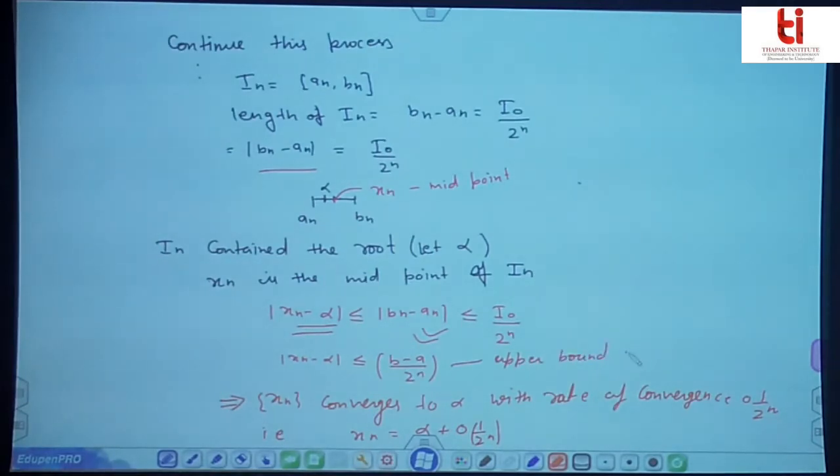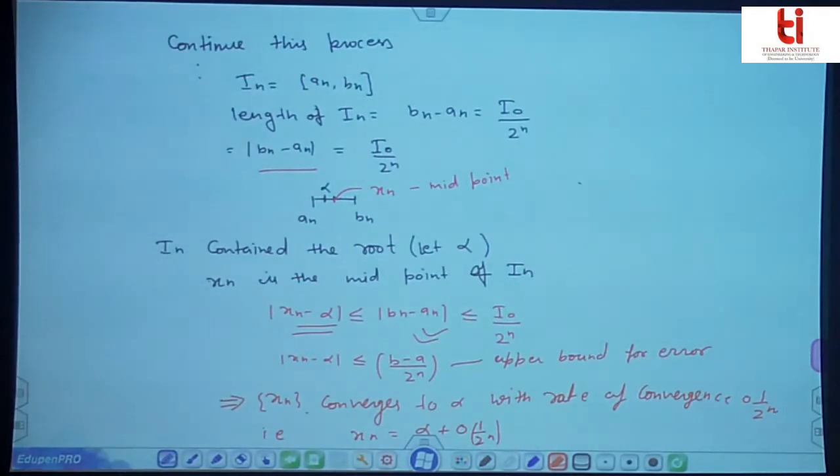of error. So from here we can say that if this right hand side term is 0, then xn is equivalent to alpha. So as n approaches infinity, the sequence xn converges to alpha with rate of convergence 1 by 2 to the n, because in every step we are dividing the interval by half.